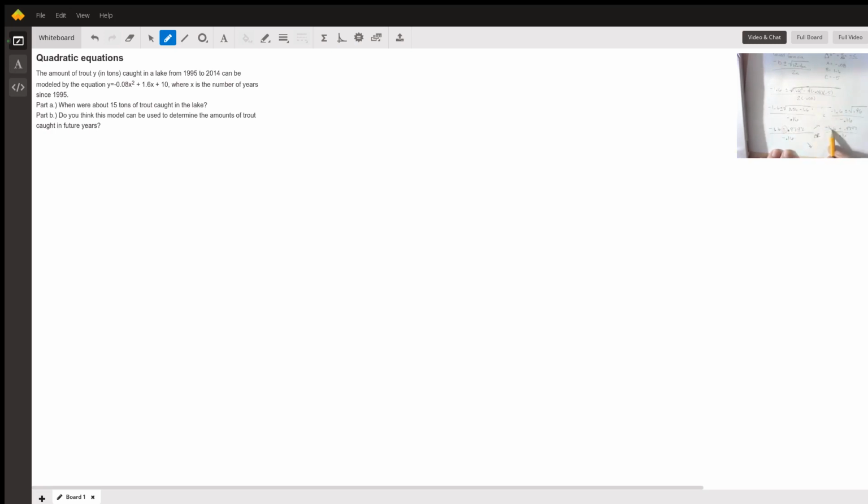So my solution could be this, or it could be this. -1.6 minus 0.9797 divided by -0.16. Oh goodness, I'm going to need another sheet of paper. That's just crazy. This problem's insane.